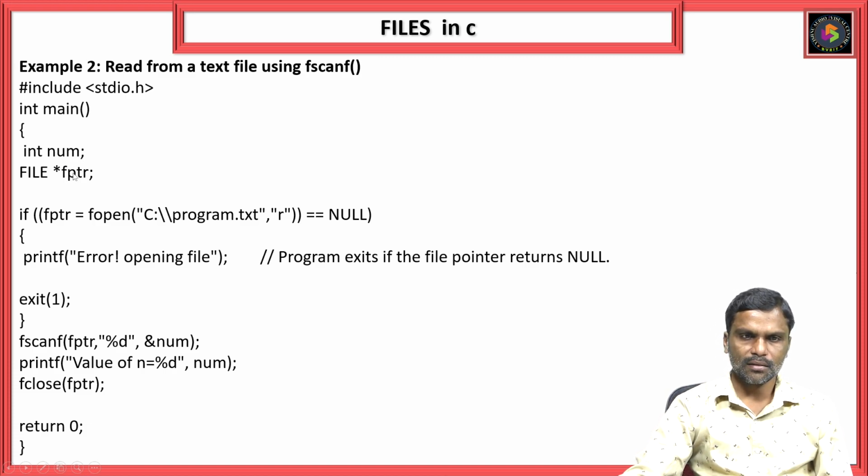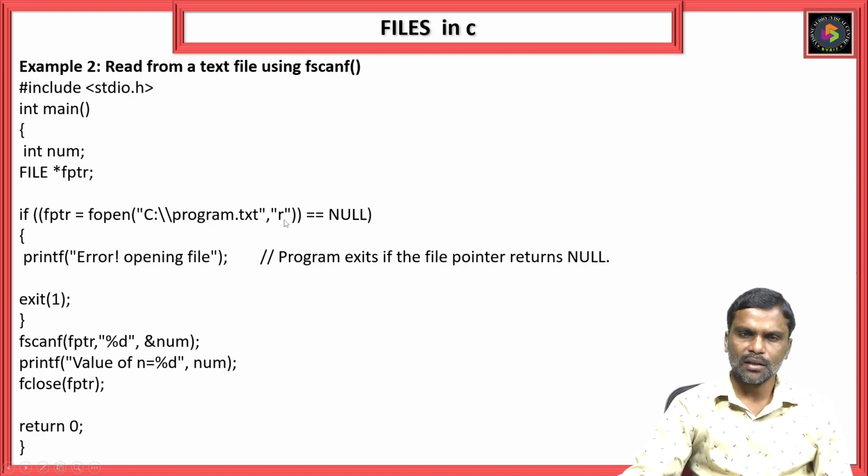FILE asterisk fptr, that is the file pointer. I told you that you can also take fp here, FILE asterisk fp, that is a file pointer. Again the file pointer is equal to fopen, and if it is equal to NULL, for the opening of the file.